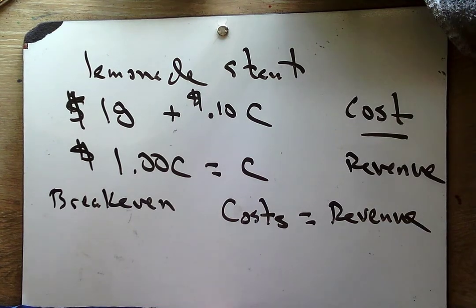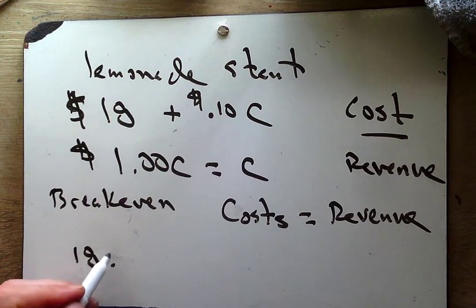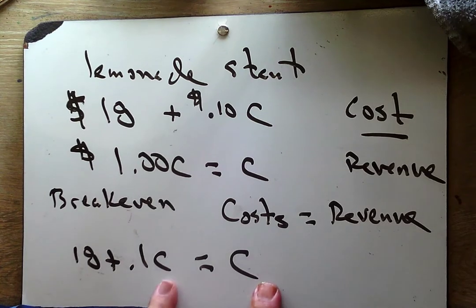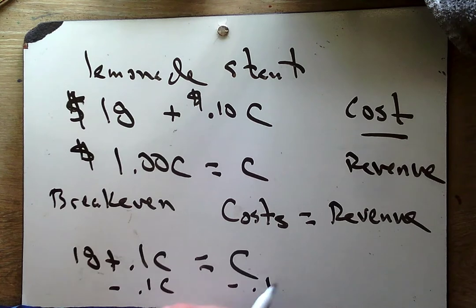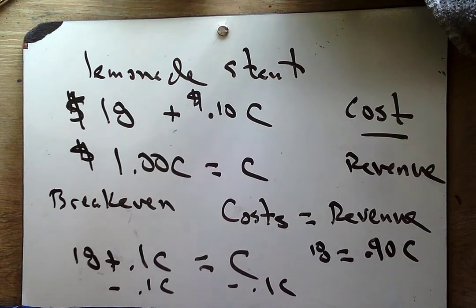All right, so cost equation equals revenue equation. 18 plus 0.1C should equal C. Because these are to the first, I'm going to subtract 0.1C from both sides. So I'm going to have 18 equals 1C minus 0.1C, or $1C minus 10 cents C, is 0.9C, or 90 cents times the number of cups.